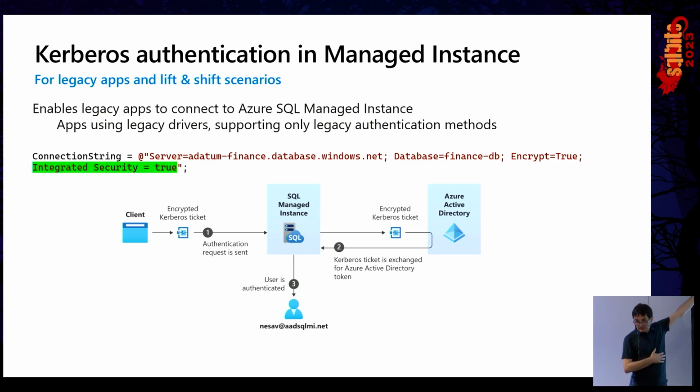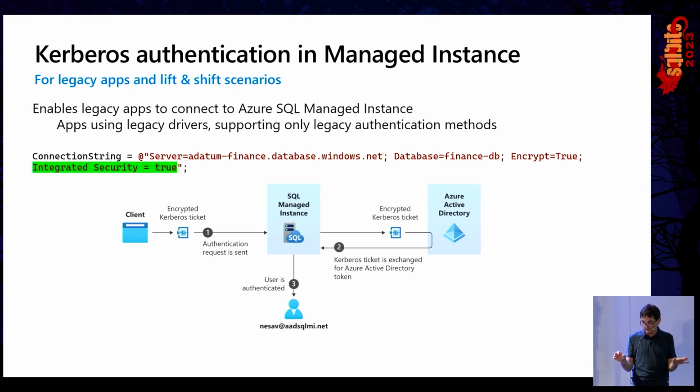So the connection string in their app looks like this. It contains integrated security equals true, which under the covers triggers traditional Kerberos authentication using Active Directory, right? So the goal is to enable such customers to move the database to the cloud. The only thing the customer needs to change is to repoint their app to the new location, which is now in managed instance, and that's it.